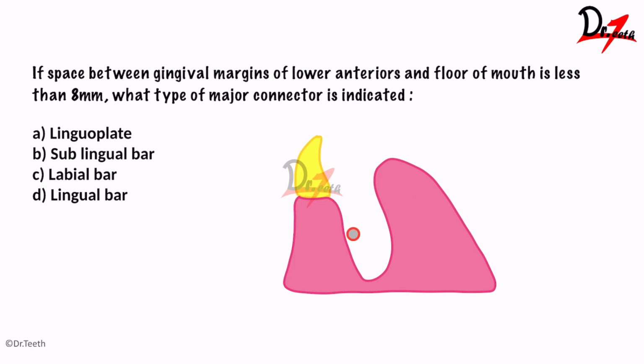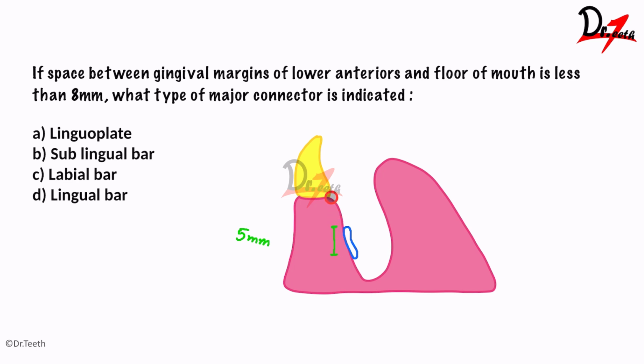Now, the lingual bar. If you have seen my video, I'm not sure. This right here is the cross section of a lingual bar. In the video or in the textbook, you might have seen that the height of the lingual bar should be 5 mm.